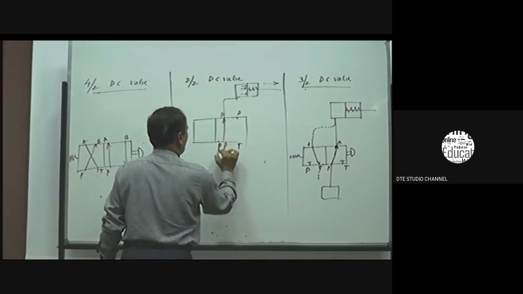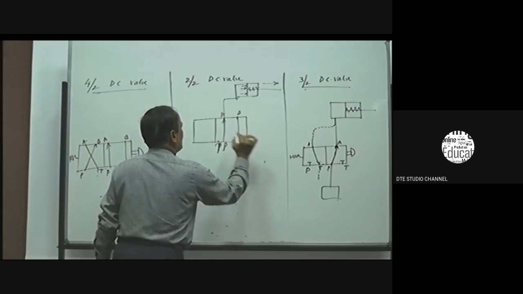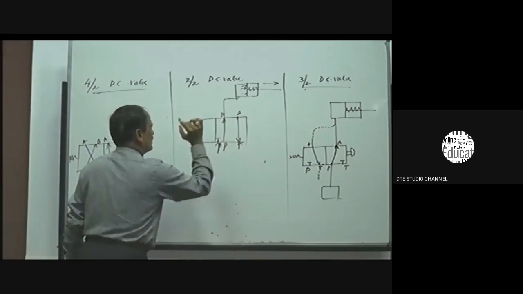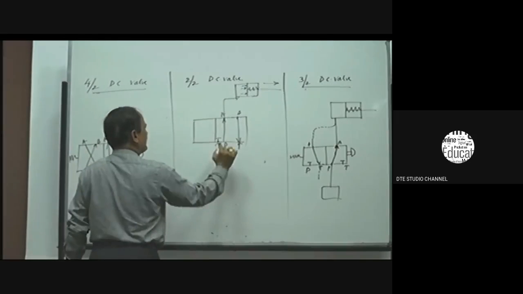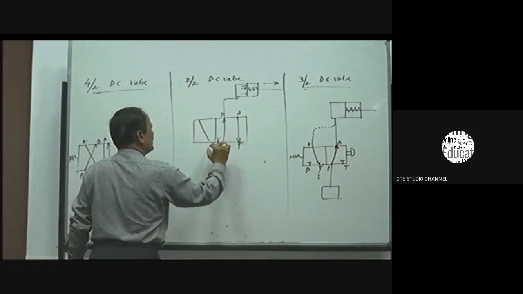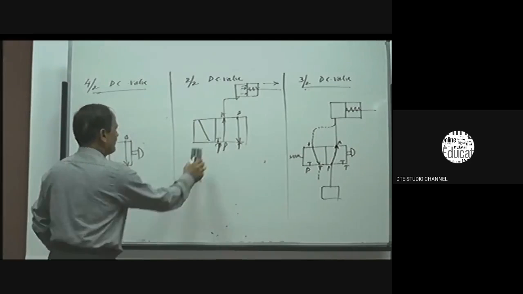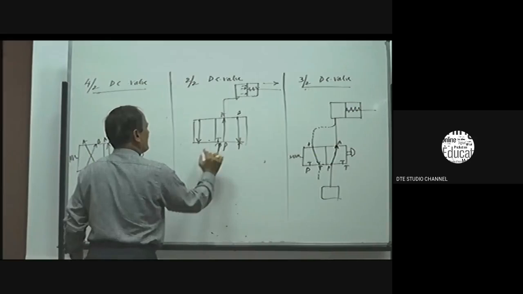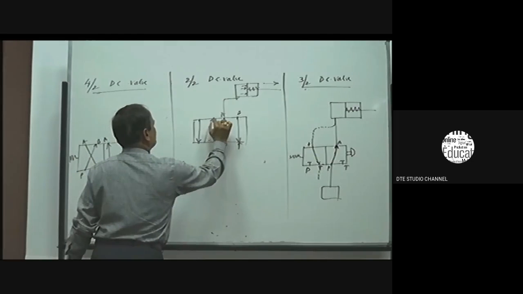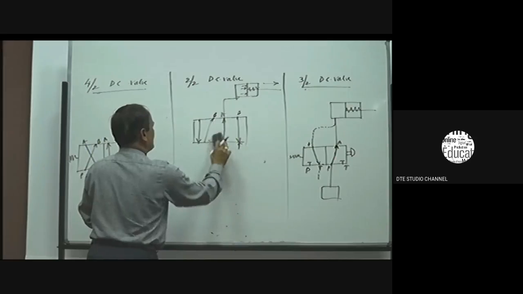This is P, 2 tank ports. P connected to A, B connected to T. Another T is closed in the first position. In the second position, A is connected to T and P is connected to B. And another tank port remains closed.